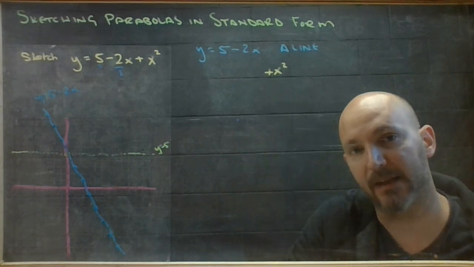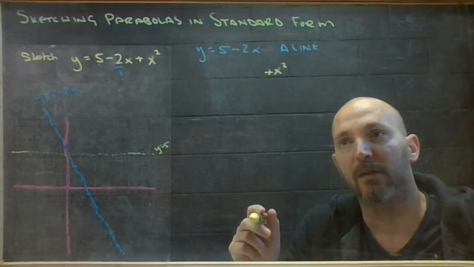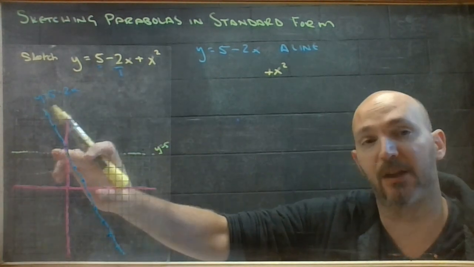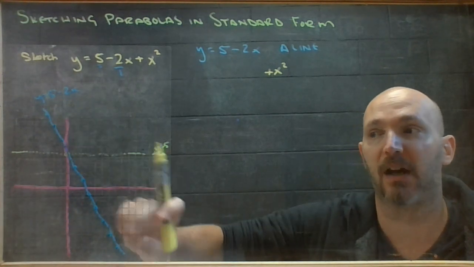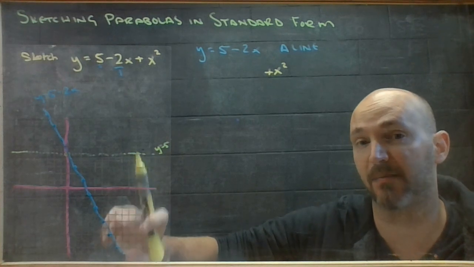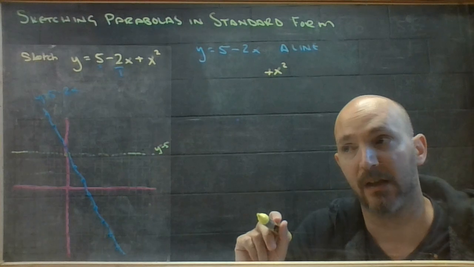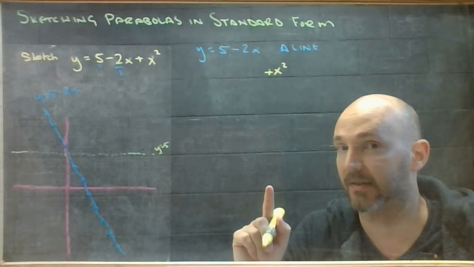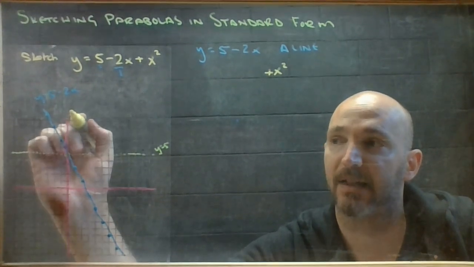Now we're going to add this thing to it. The same way that I took 5 and used it as my count line to make this slanted one, I'm going to use the slanted one as my count line to add on the x squareds. Now I'm just going to work a little ahead here and make a list of what those x squareds are. When I'm here, the x value is 0.